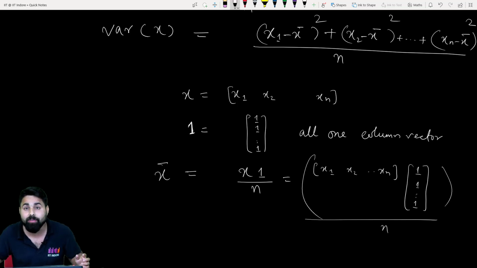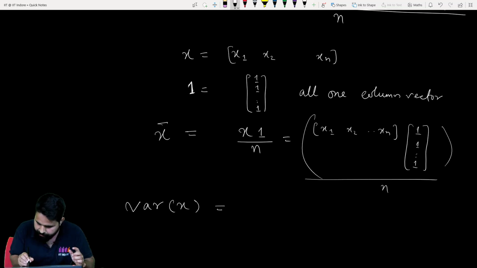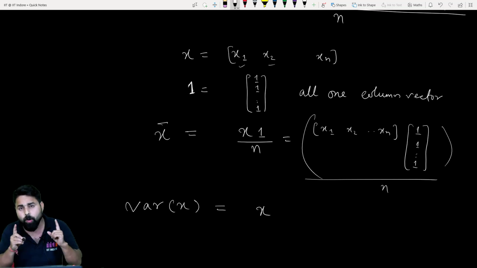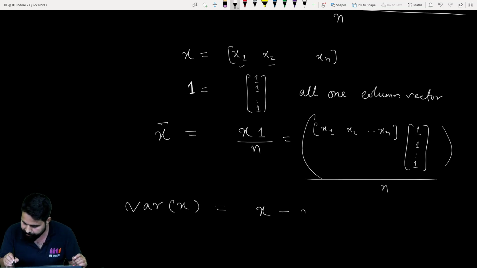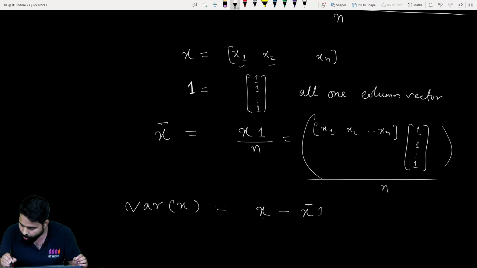Now similarly I will write the variance. The variance of x is nothing but, first, from each entry I will subtract the mean. This is my row vector x, and from each entry of it I have to subtract the mean. But now the vector is a vector and the mean is a quantity. So I have to multiply this mean by the all-ones vector, and right now I have to take the transpose because this is a row vector.